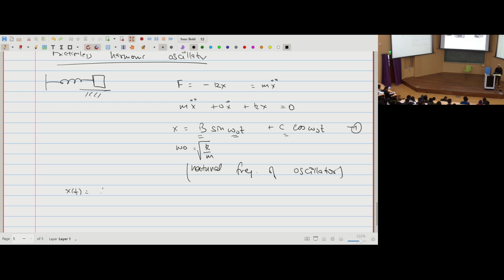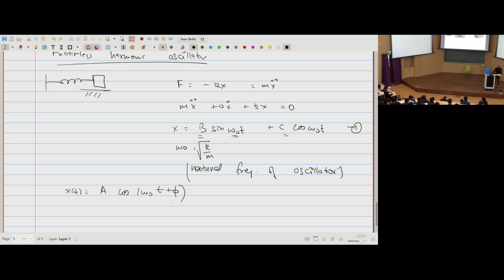There's another way to write this. Again, we have learned this in the topic on waves. So we write it in terms of a single cos, and again we can do that if we expand cos, use the relation of cos alpha plus beta and expand it. So we can write this in terms of a single cos wave with a phase phi.